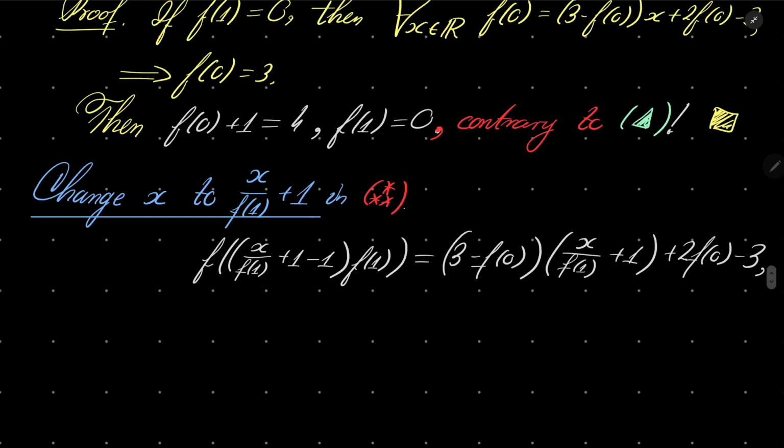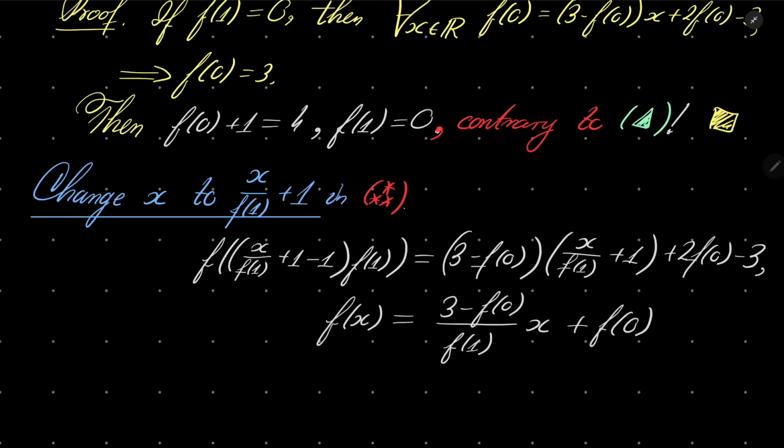And let's notice that on the left-hand side, we are left with just f of x, and on the right-hand side, we have (3 minus f of 0) over f of 1 times x plus 3 minus f of 0 plus 2 times f of 0 minus 3. So it's plus f of 0.